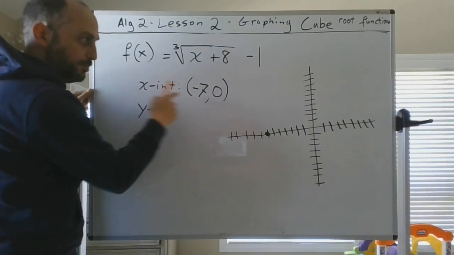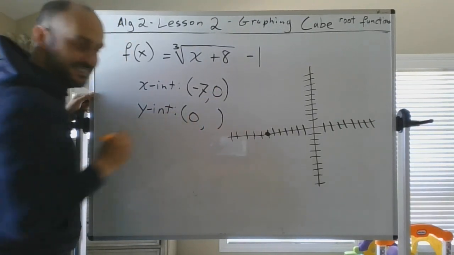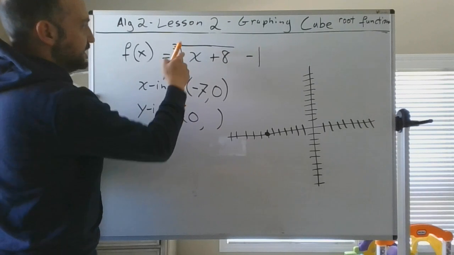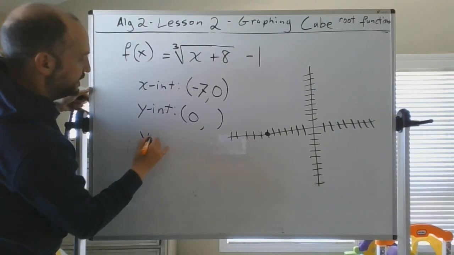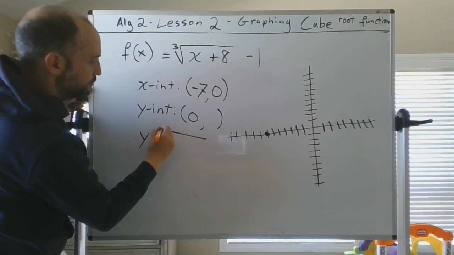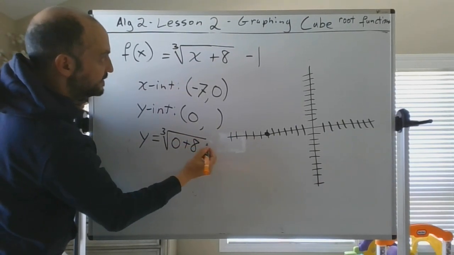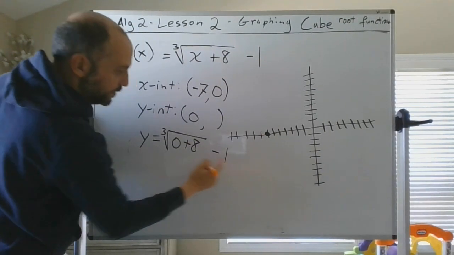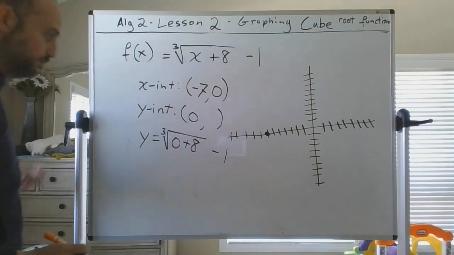For the x-intercept, we set y equal to 0. For the y-intercept, we're going to set x equal to 0. Let me just copy that down. Instead of writing f of x, I'm going to put y equals the cube root of x, which is 0, so 0 plus 8, that entire quantity, minus 1. Notice the negative 1 is not in there. It's minus 1 on the outside of that cube root.